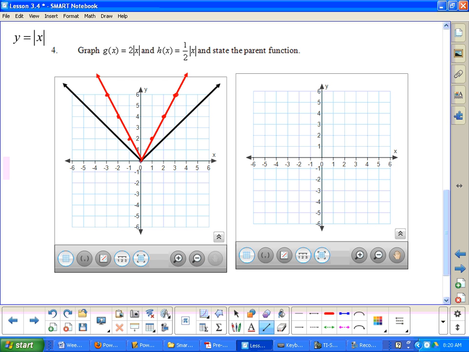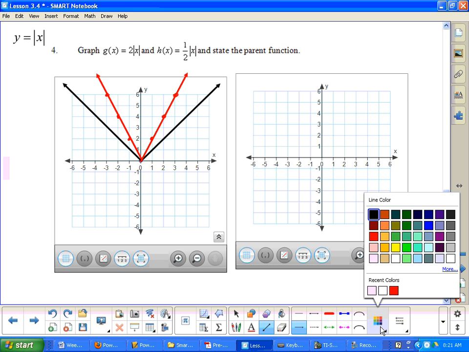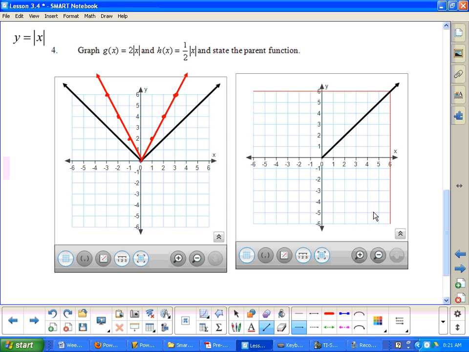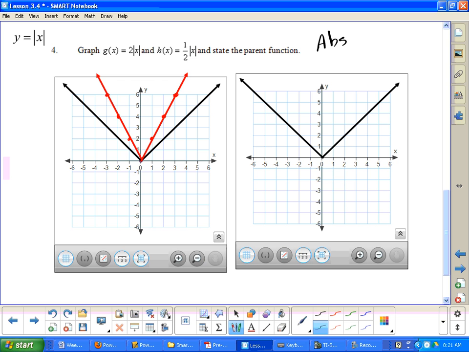All right, letter B. Here, once again, I'm going to draw the parent function. I know the parent function in this case is absolute value of x. Okay? So when I ask for the parent function, that's absolute value.